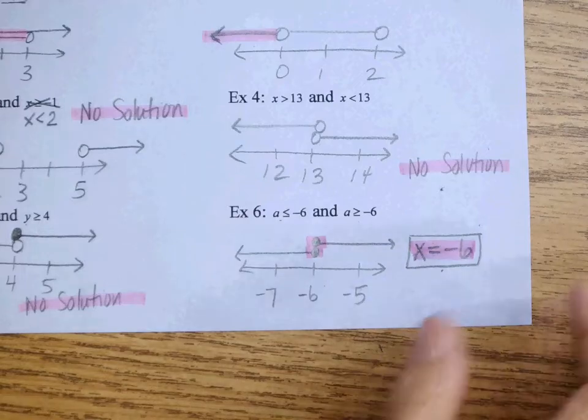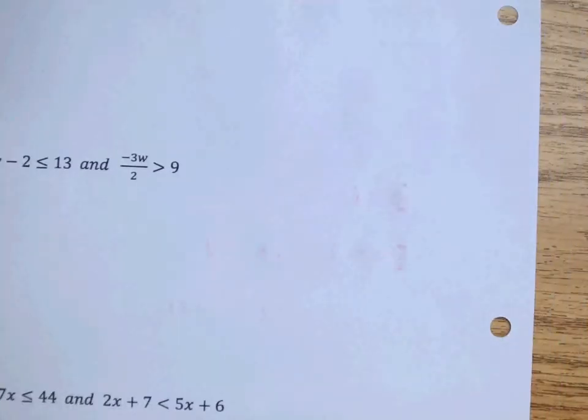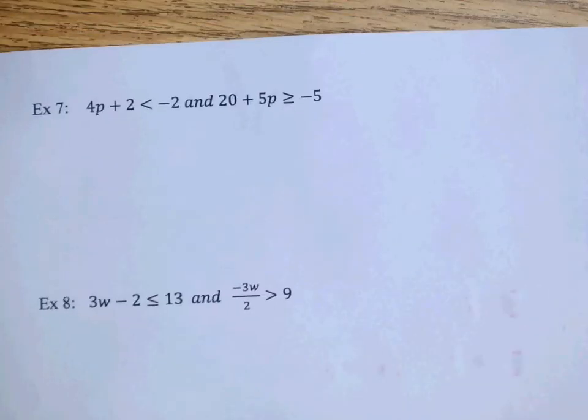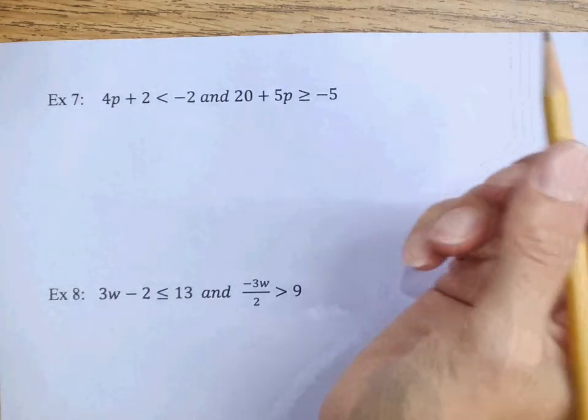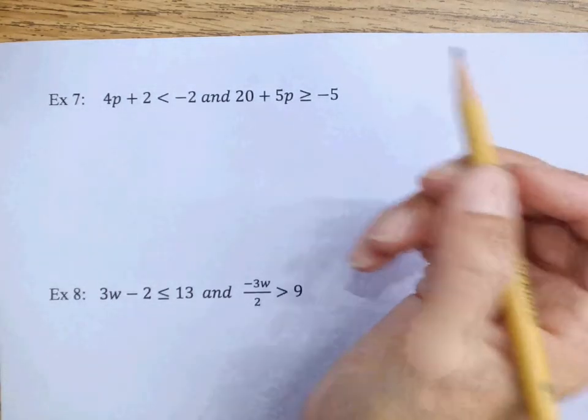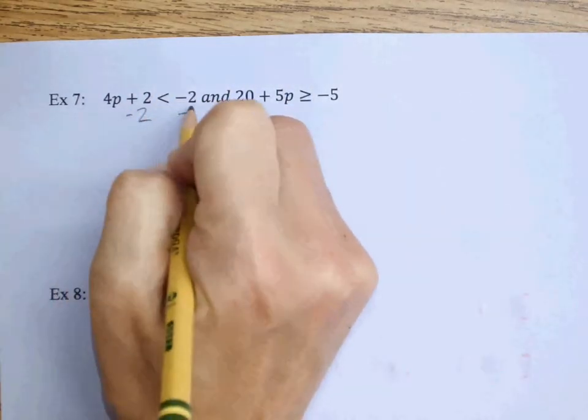Okay, let's go ahead and flip our notes over to the back. And so let's start with example number 7. If you take a look at all of these, we are going to solve and then go from there. So example number 7, I'll show you an example of solving where I'm going to subtract 2 from both sides first.